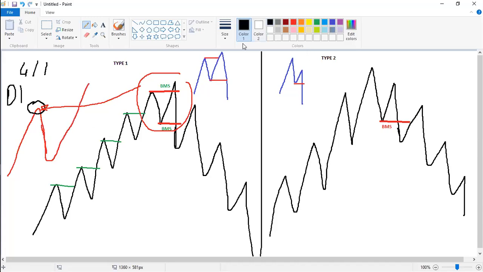What are you going to see here? You're going to see this: lower low, lower high, lower low, lower high, lower low, lower high, lower low, lower high, lower low, BMS. So again, 2 BMS: 1, 2.